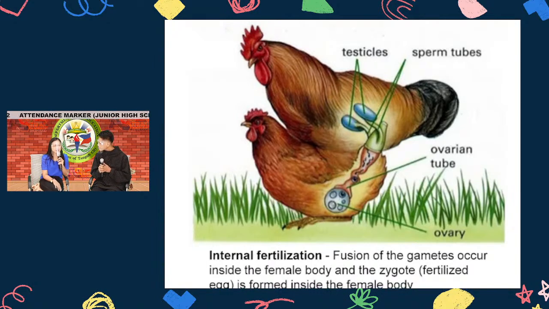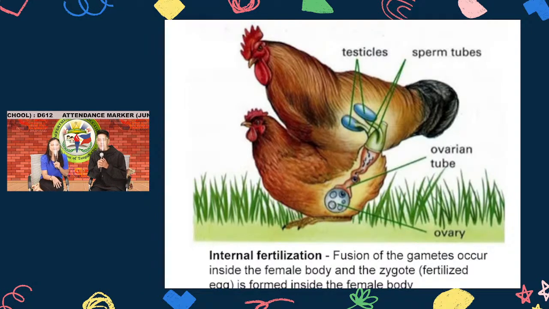In internal fertilization, the male deposits his sperm directly into the female's body, where the sperm cells swim up the reproductive tract until they encounter a mature egg in an oviduct or fallopian tube where fertilization occurs. This type of reproduction produces offspring in any of the following ways: oviparous, ovoviviparous, and viviparous. So let's come to know each of them.